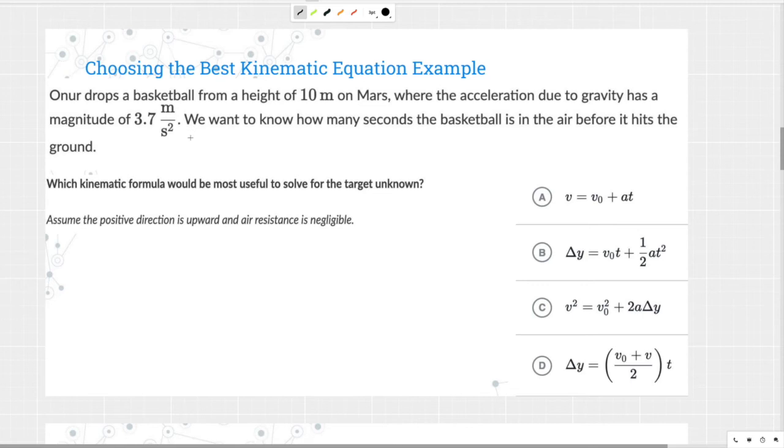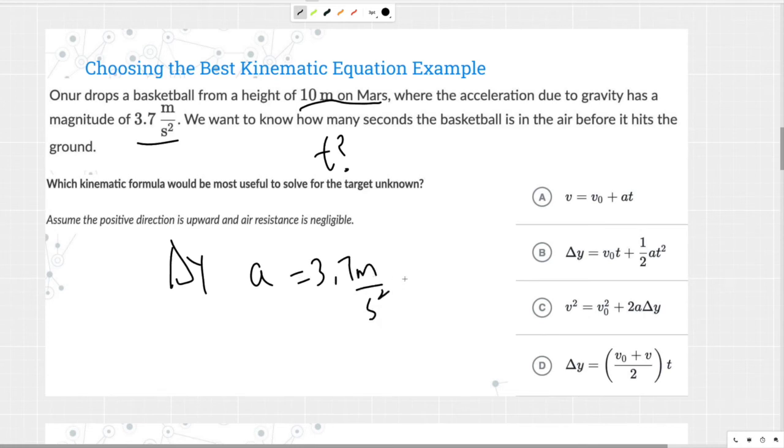Okay. An owner drops a basketball from a height of 10 meters on Mars with an acceleration of this. We want to know how many seconds, so we don't know the time. We know the delta y, and we have acceleration as 3.7 meters per second squared, and time is once again unknown.